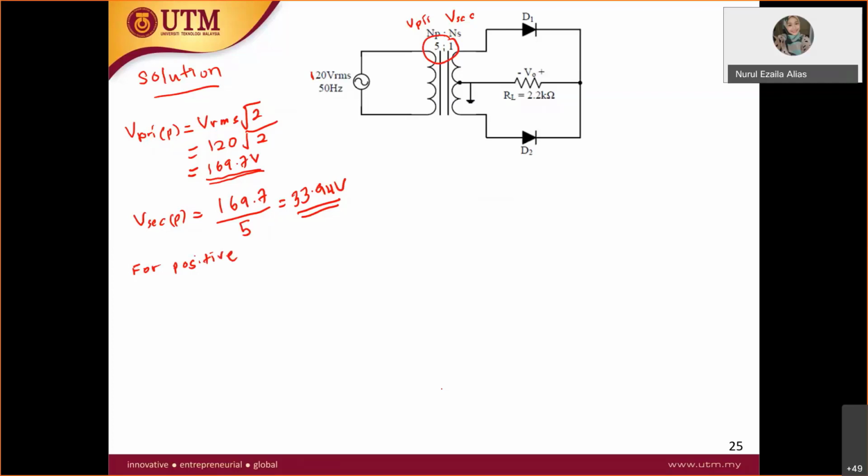Although it is not written here, it is a sinusoidal input, so you are solving for the first positive cycle first. For this part it will be positive, negative. So what will be the voltage across here, dear students? V secondary over 2.